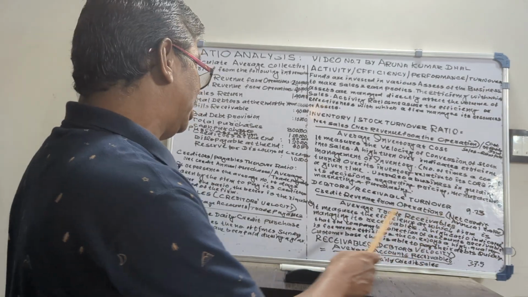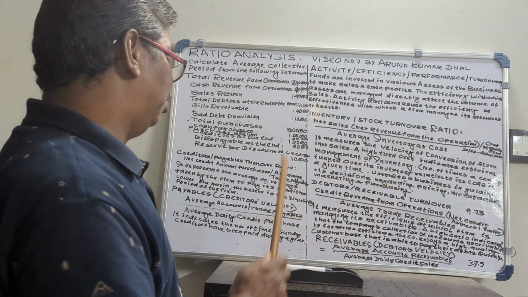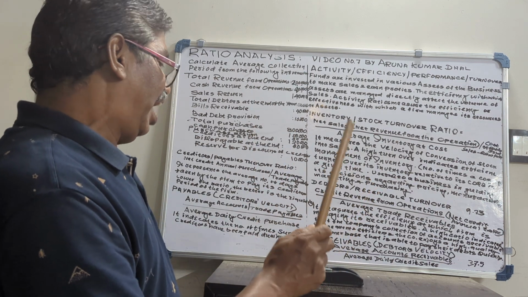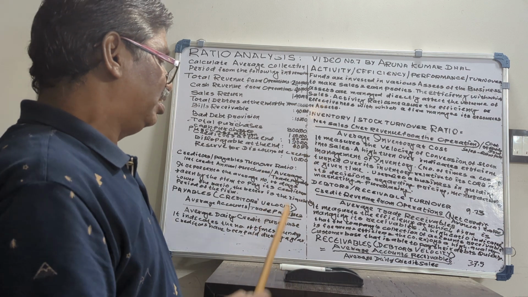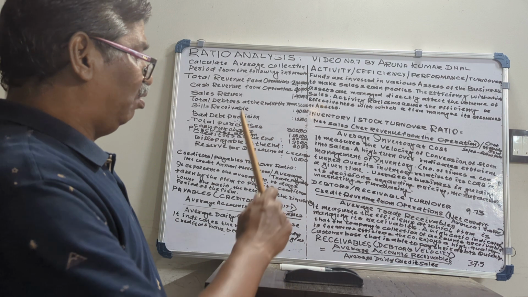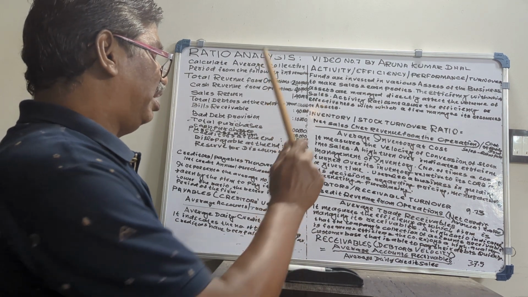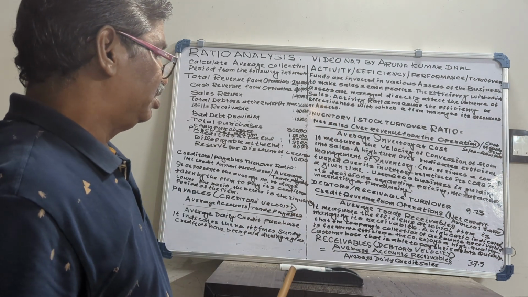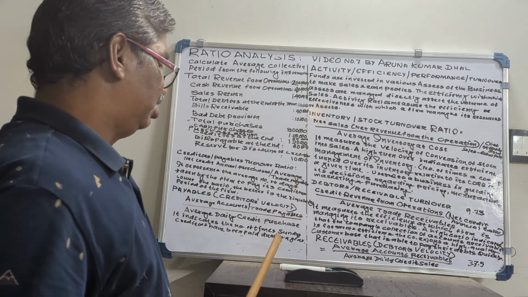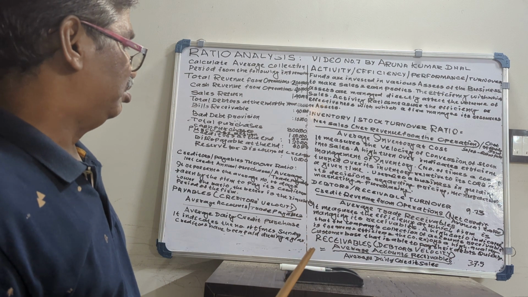A high ratio indicates that the company's collection of accounts receivable is frequent and efficient, and the company enjoys a high quality customer base that is able to pay their debt quickly. That means the lower the number of days availed by the creditor or customer of the company, the company will be in a very sound position.